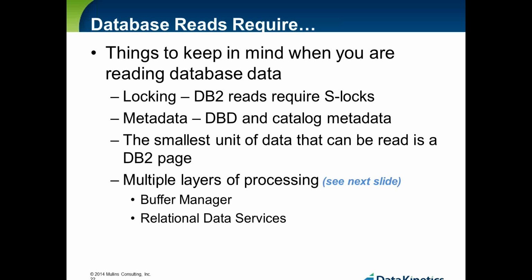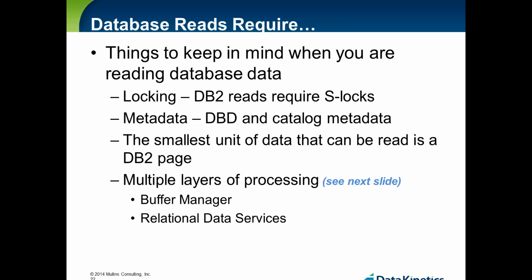Even reads require S-locks, and locking adds overhead. And then there's the metadata description in the DB2 catalog and the DBD in the DB2 directory that has to be read in when data gets accessed. And also the smallest unit of data that can be read is the page. Now you can lock at a row level, but you're reading at a page level, and that's usually multiple rows. So there's lots of issues that come into play here.